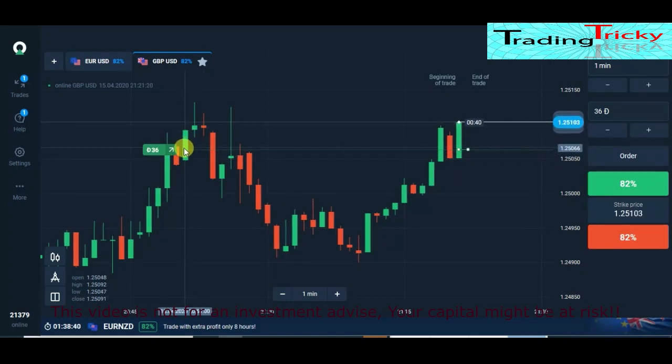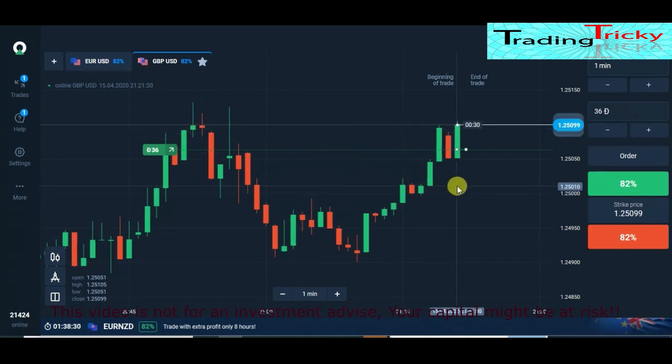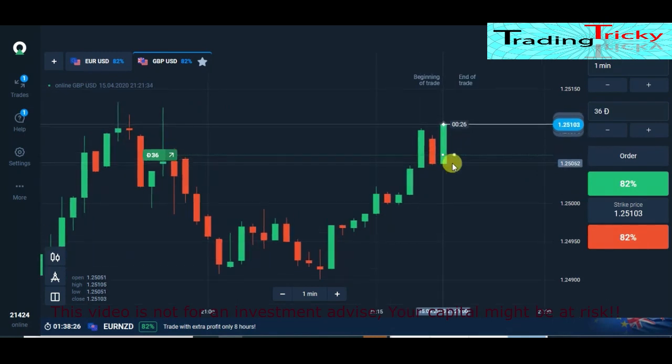See here, we saw a retrace candle and again buyers started to bounce the market back and the market closed at the level. That's why I placed a higher option. It's a little late entry, but I think I will still win this trade.